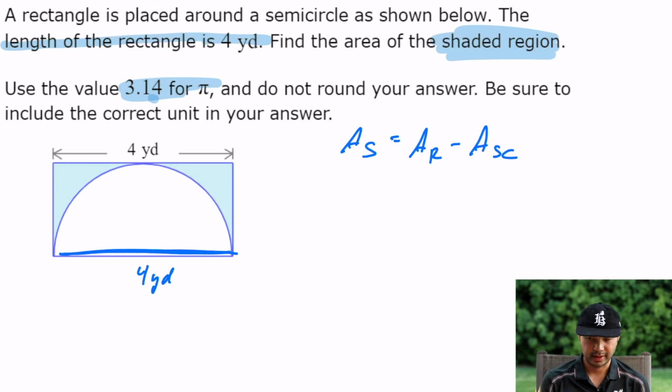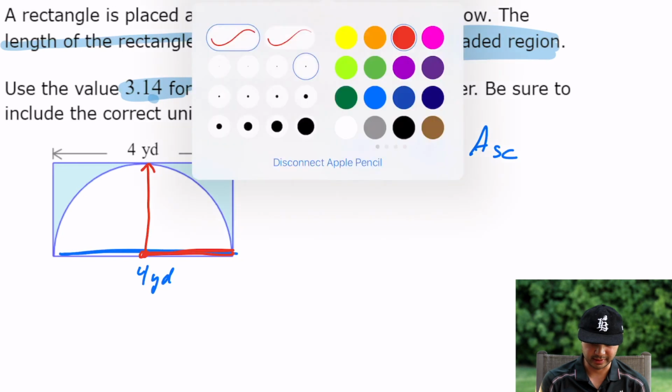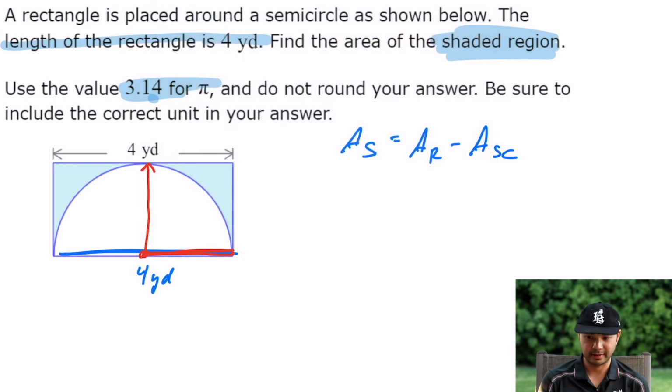Half of the diameter is the radius, from the center to the circle. That means this is also the radius from there to there. So if the diameter is 4 yards, the radius has to be half of that, which is 2 yards. If that's 2 yards, this is also 2 yards. That's a little tricky there.